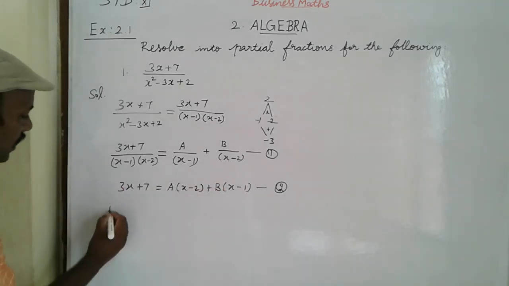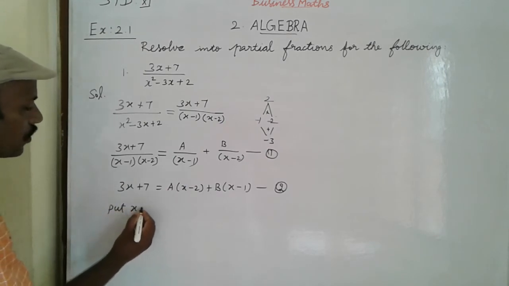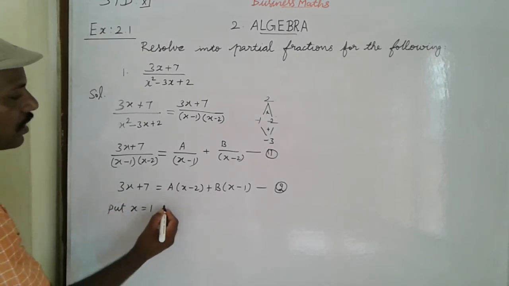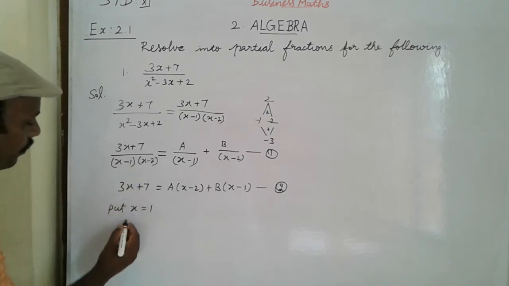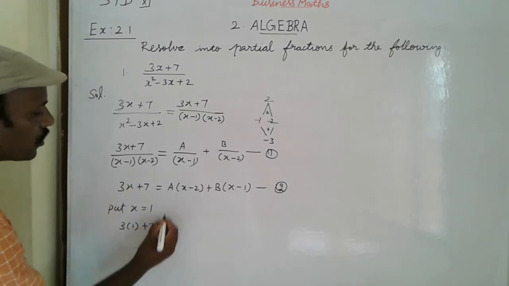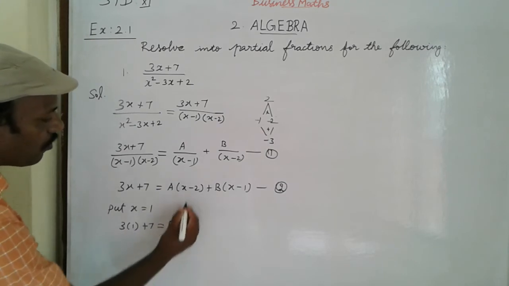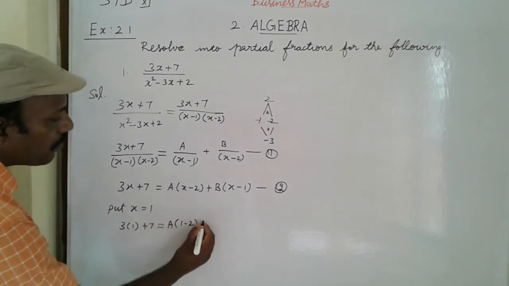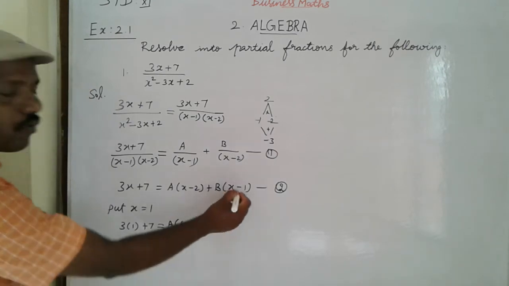Put x equal to 1: 3 into 1 plus 7 equals A into (1 − 2) plus B into (1 − 1).